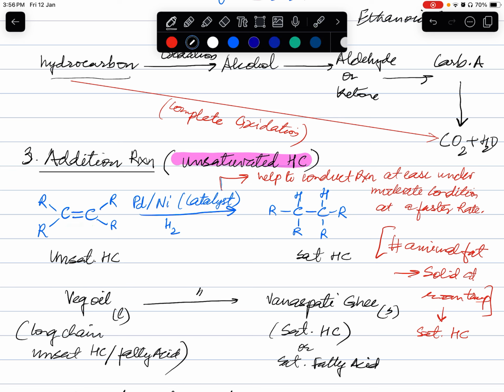And one more thing here, we have written R. What is R? This R may be hydrogen or it may be any alkyl group. So depending upon the value of R, we will be getting different types of hydrocarbon.